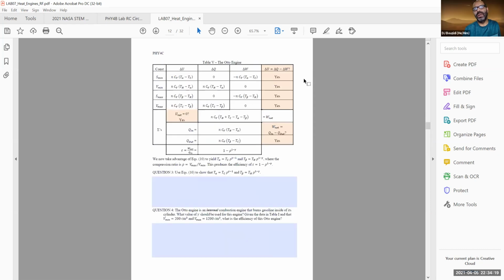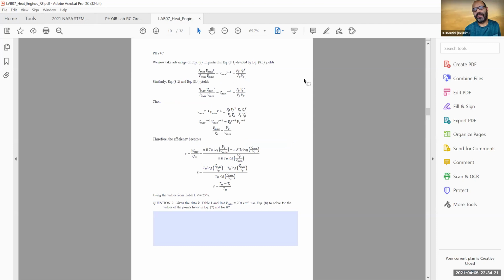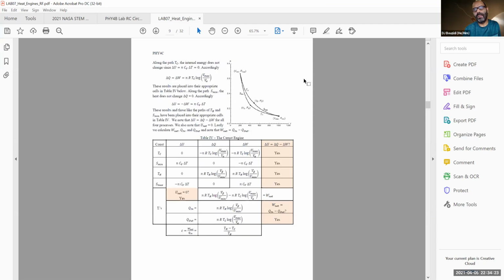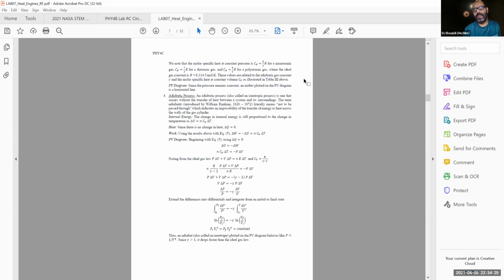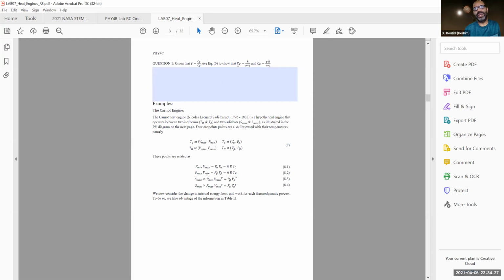Remember question 1? Where is it? Question 1. This question. Express things in terms of R and gamma. Since gamma is given, use that to your advantage to find CV and CP.